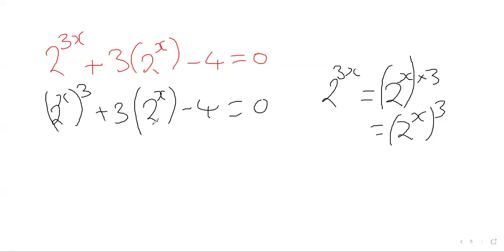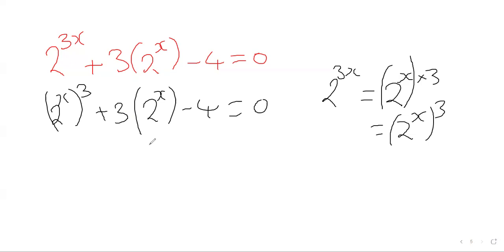Now you have this value here, which is 2 to the power x, and this is 2 to the power x. It's quite cumbersome to continue solving with this when you can just let it be equal to some variable. Let's say y, let's say p, any value of your choice.